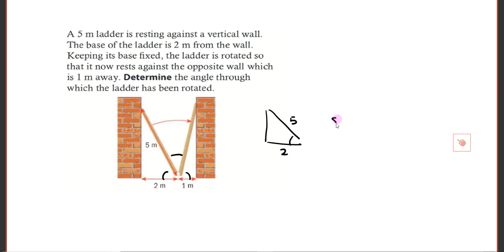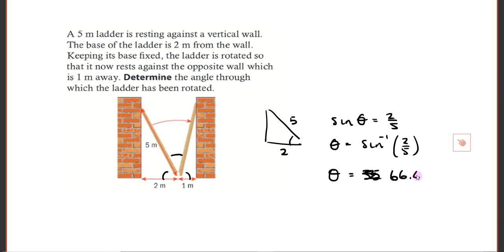So sine theta is 2 over 5, so theta is the inverse sine of 2 over 5, and that works out to be 66.4.